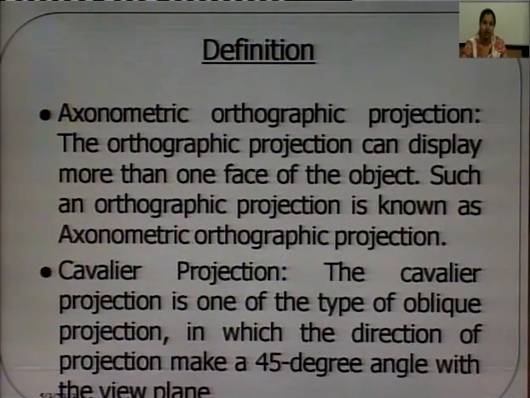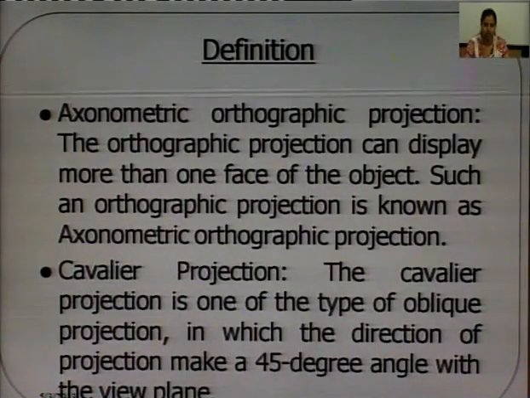The axonometric orthographic projection is an orthographic projection that can display more than one face of the object. Such an orthographic projection is known as axonometric orthographic projection. Then comes the Cavalier projection.